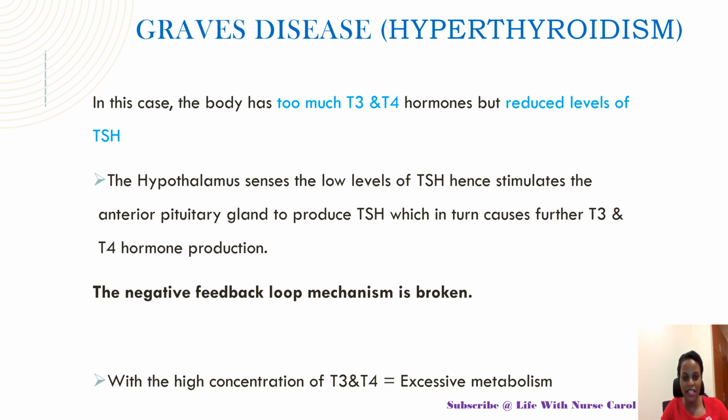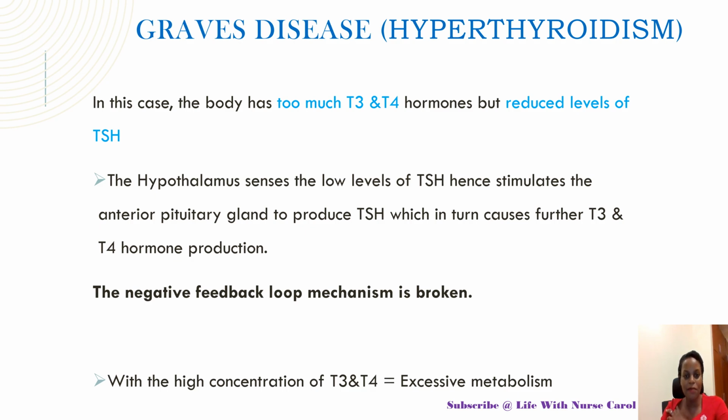However, in normal cases, these should all increase together, and if the TSH is increased, the T3 and T4 should also be increased. However, in Graves' disease, there is a breakdown of the negative loop. So the body is constantly making the T3 and T4. However, the thyroid stimulating hormone is reduced.